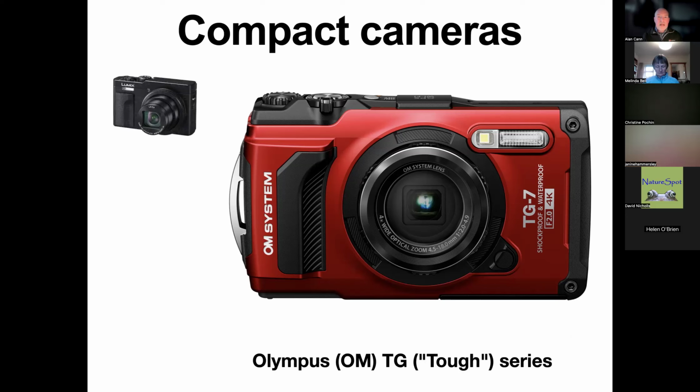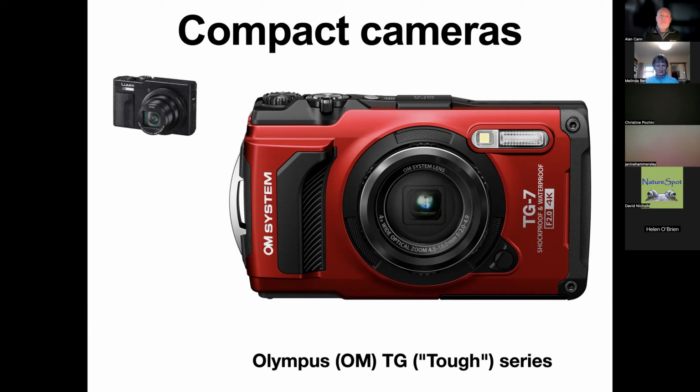And there's no point in having a really good camera if you don't bother taking it out with you because it's just too much trouble. So compact cameras are still good cameras. Generally speaking, you'll be able to take better macro photos with these cameras than you can with a mobile phone. They're generally easier to use, and they're reasonably small.